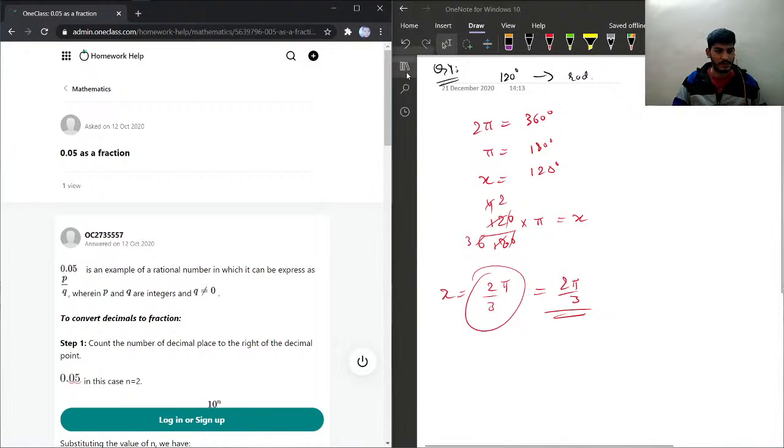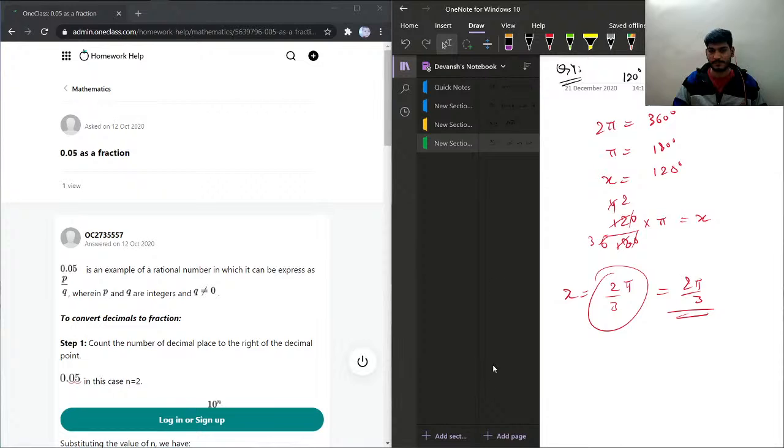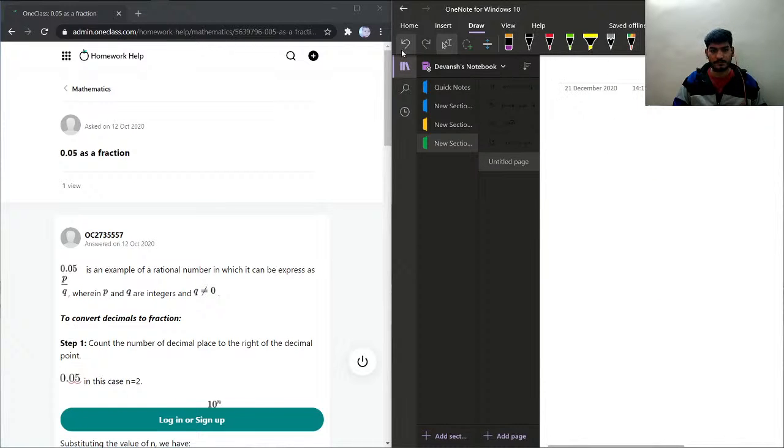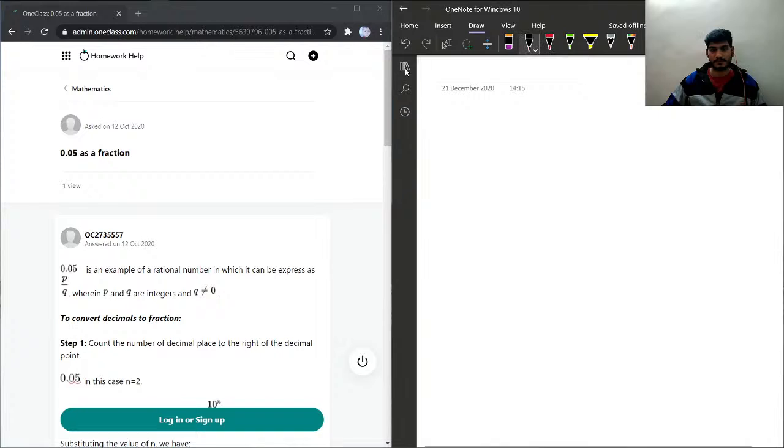We have question number 5. We need to write 0.05 as a fraction. Whenever we have a number in decimal, what we do is count the number of decimal places and then multiply by 10 to the power of the number of decimal places. For example, here the number is 0.05.